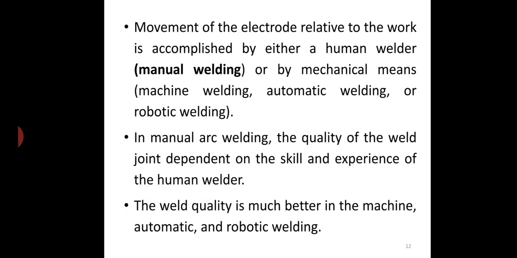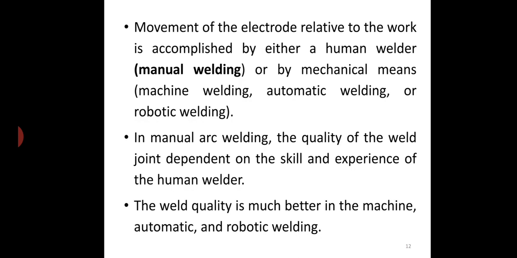Normally the movement of the electrode relative to the work is accomplished either by a human, manual welding, or by mechanical means, that is, you are automating or utilizing a robot, a machine, or any other means where the movement of the electrode can be utilized.